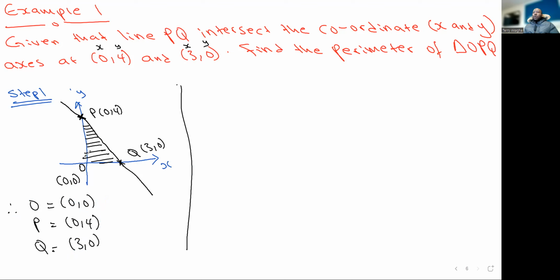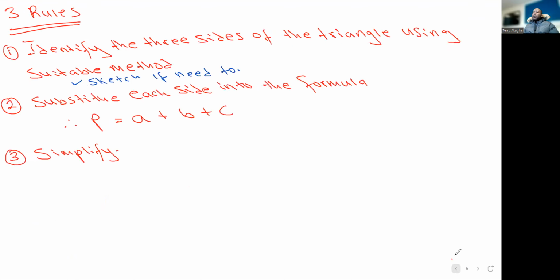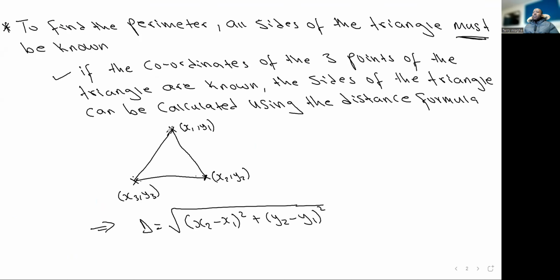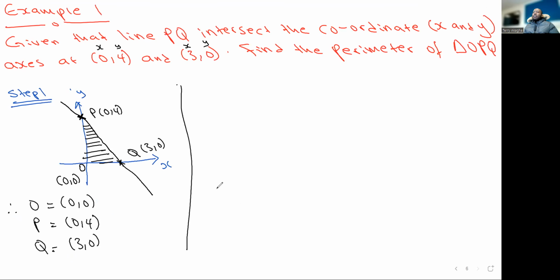Let's find the distance between O and P. Remember I told you, if you have the three vertices, the three points or coordinates, known, we can use the distance formula to find the sides. So we have the three vertices. We're going to start with OP first. So this is OP, this part here.